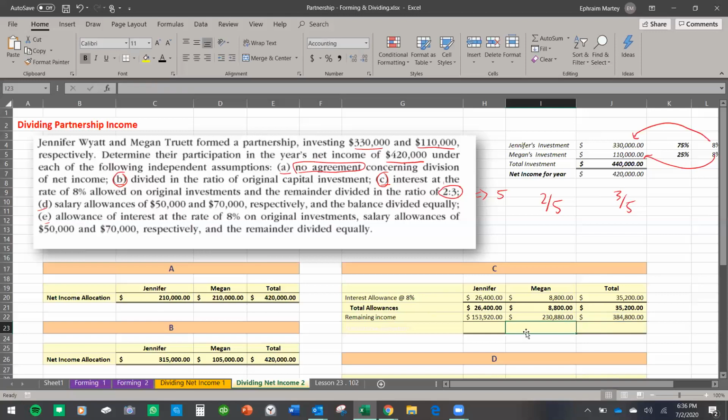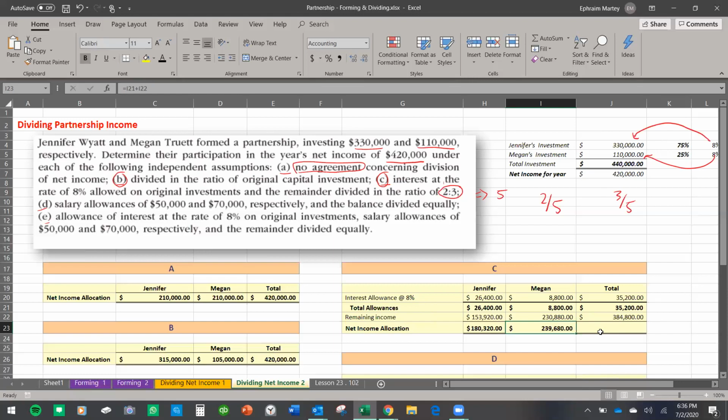Now we have the total allowance and we have the remaining income shared among them. Now let's add those two together. So this plus that gives you this, all the way here. And now let's add these two together. The total income for Jennifer plus the total income for Megan should give us 420,000.